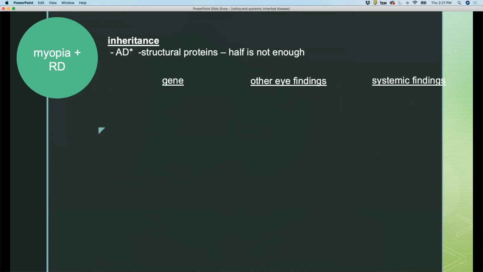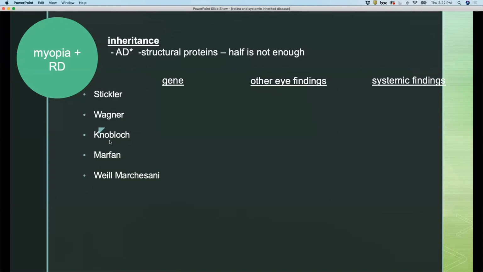There's Stickler syndrome. And retinoschisis is one. That does cause retinal detachment. Does it cause myopia? No.